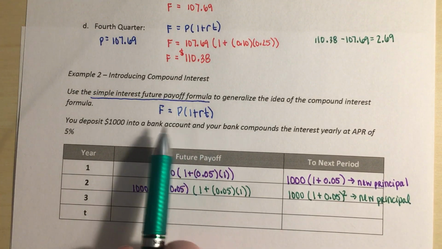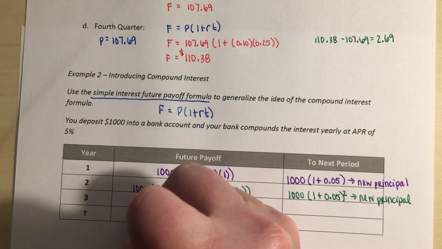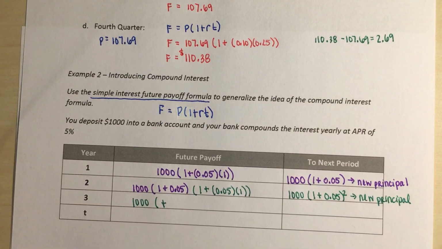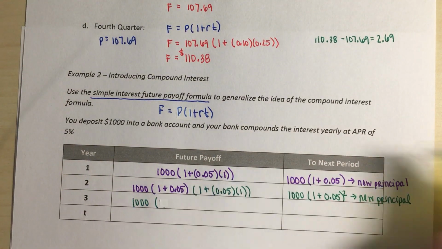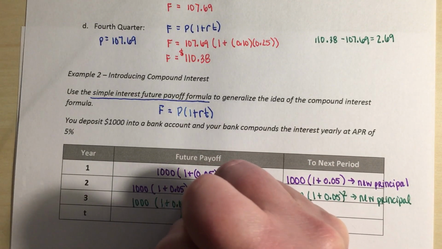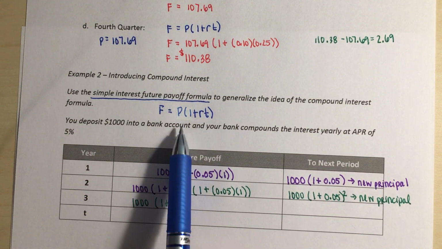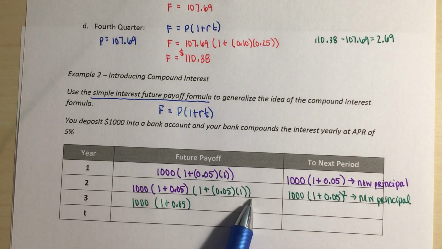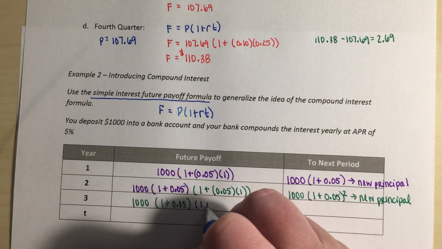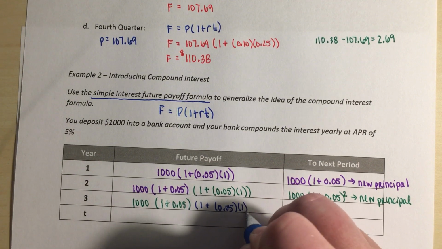Now we're going to use this formula again. Our principal is what we have written here in green: 1,000 times 1 plus 0.05, with the squared. Now we use our 1 plus RT again, which is the same thing we've seen here: 1 plus 0.05 times 1.